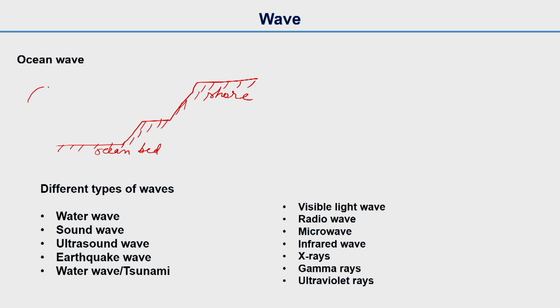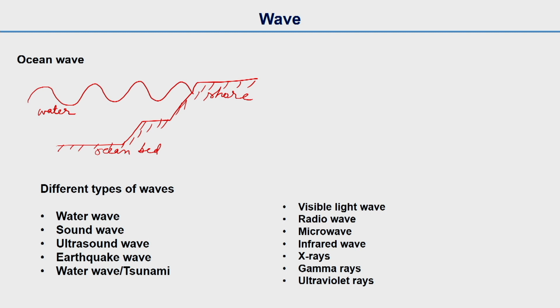We call a wave something that is created in a medium, that is water. So this is an ocean wave. This is the first picture that comes to our mind when we talk about waves.